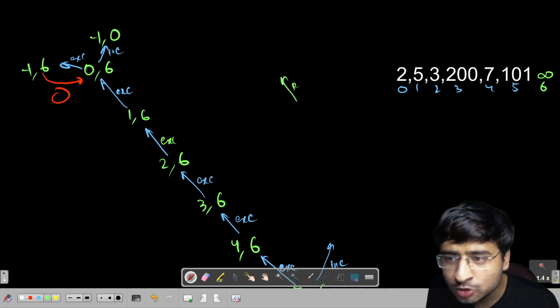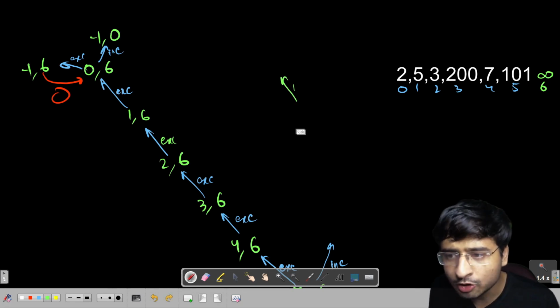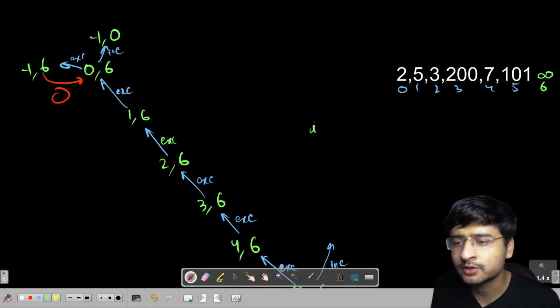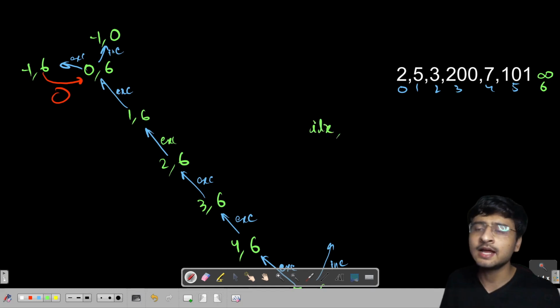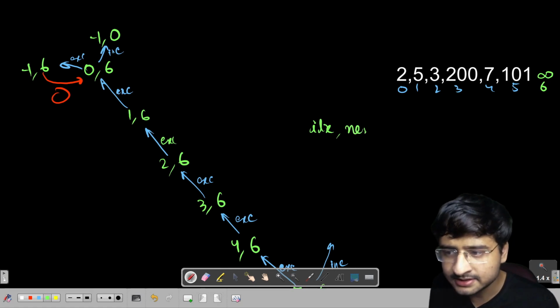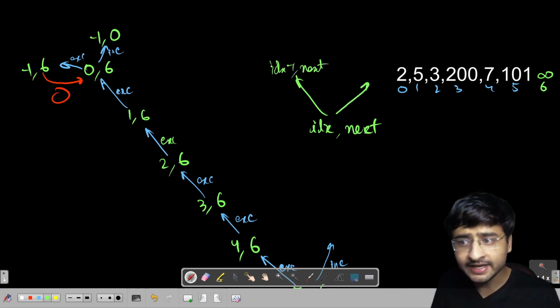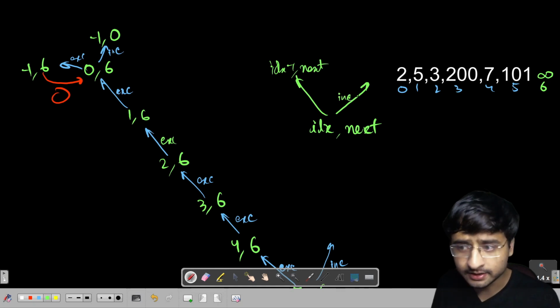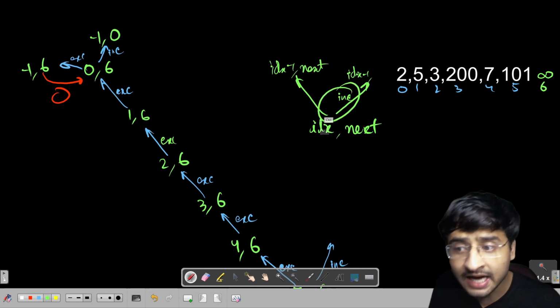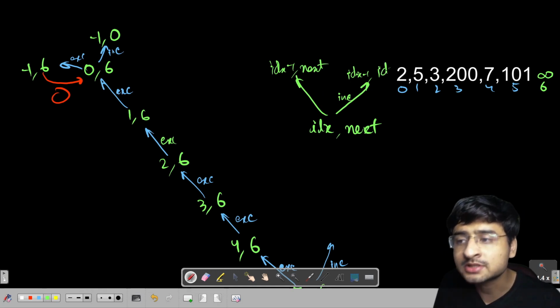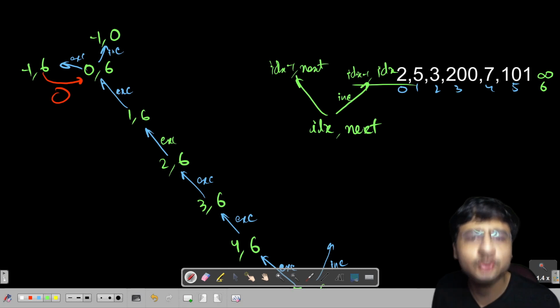When we are doing an exclusion call, I am standing on an index, and my next person is whatever next person is there. If I get excluded, I will call index -1 with the same next person. But if I get included, I will ask from index -1, but this time the next person, since I am getting included, is me. I hope this point is pretty much clear to everybody now.